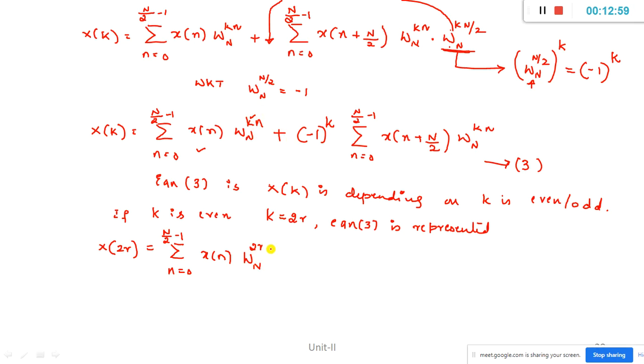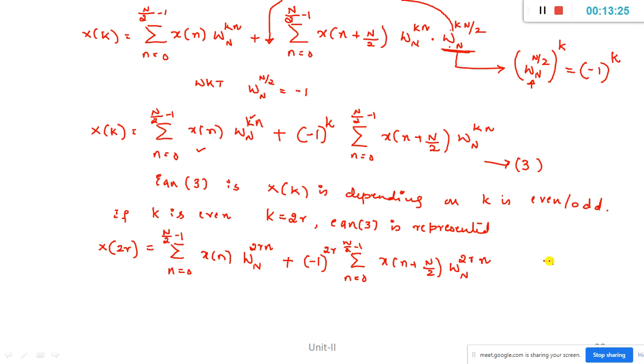So instead of k, I replace it by 2r, to the power of n, plus minus 1 whole to the power of 2 into r, summation n runs from 0 to n by 2 minus 1 x of n plus n by 2 W_N, again 2rn.